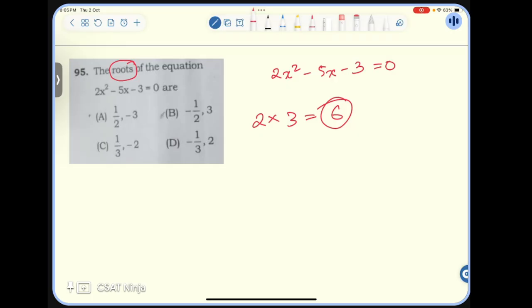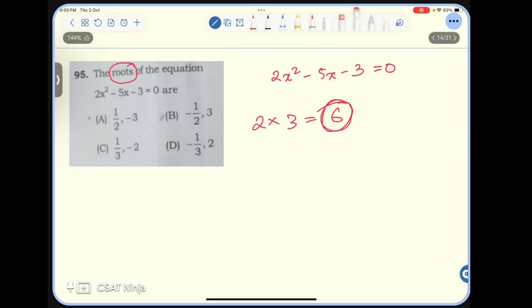So two numbers multiplied should give you 6. And when subtracted, okay, there is a minus sign. You need to see the sign here. When subtracted, you need to get 5 because you have a 5 here.